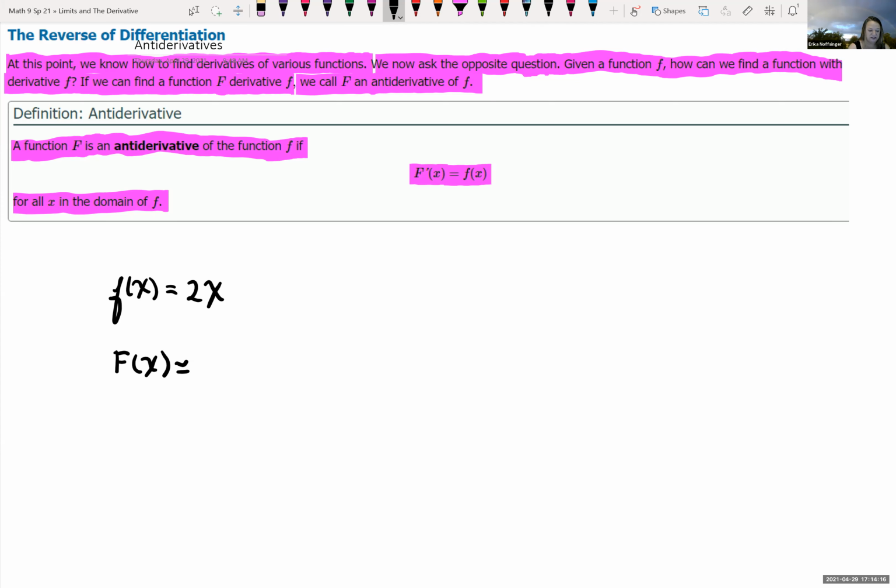The antiderivative of 2x is going to equal x squared. We can check this by taking the derivative: I bring my power down front, subtract 1 from my exponent, and I get 2x.